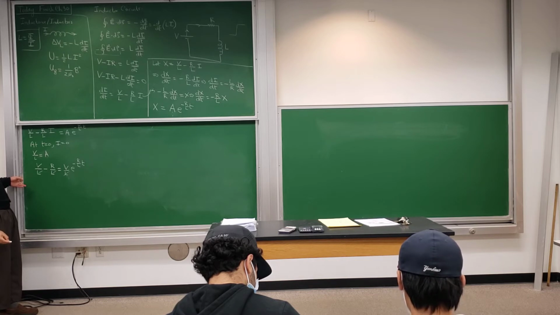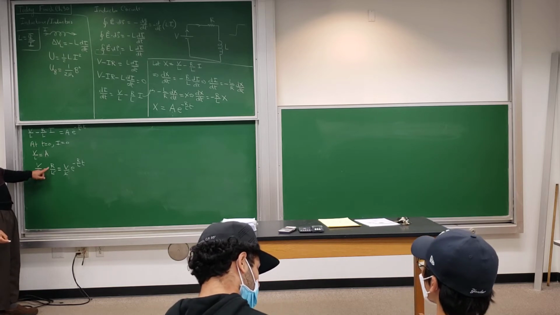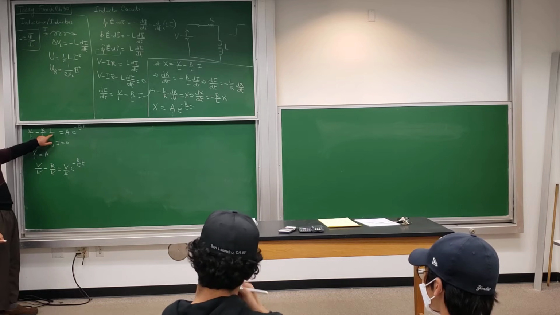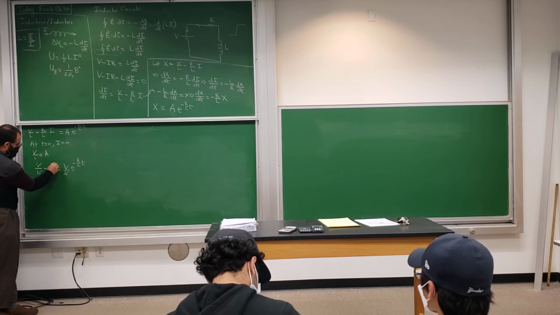And solve for, oh, did I forget the I here? R over L times I, right? I left out the I, so there is an I here.